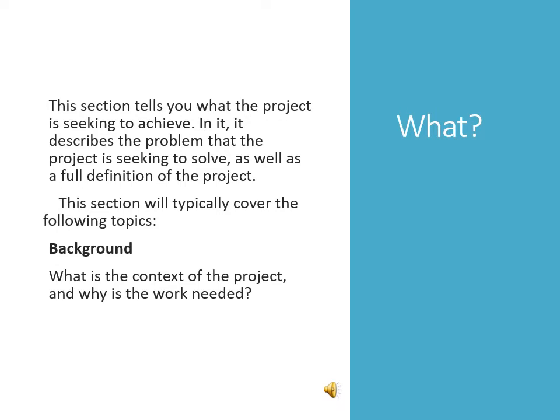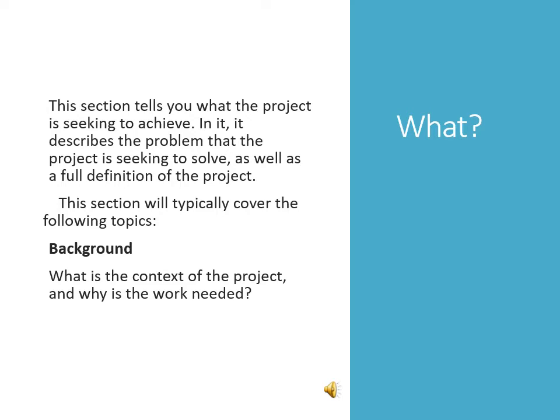As mentioned before, here we are going to explain the what of project and project management. In fact, the first section normally tells the reader, the participant, what the project is seeking to achieve. It describes the problem that the project is seeking to solve, as well as a full definition of the project.